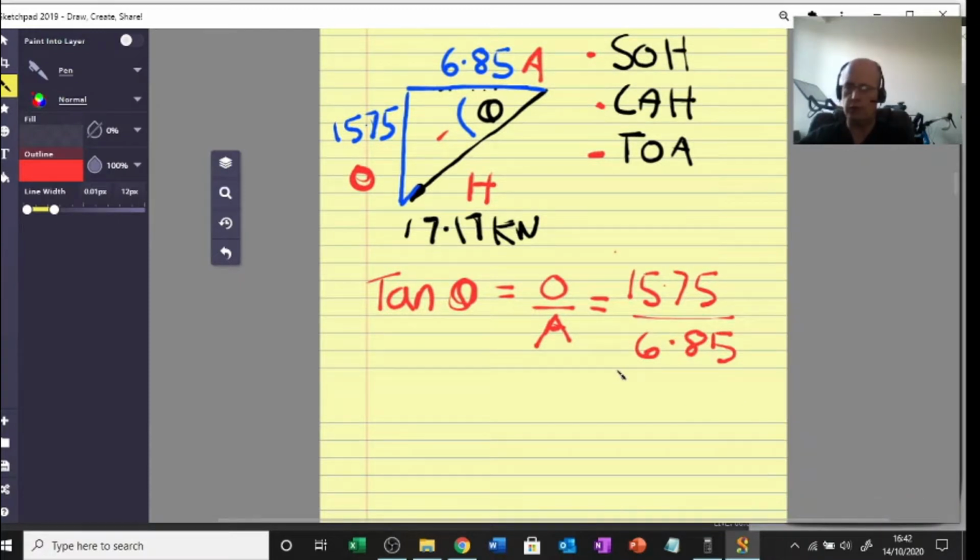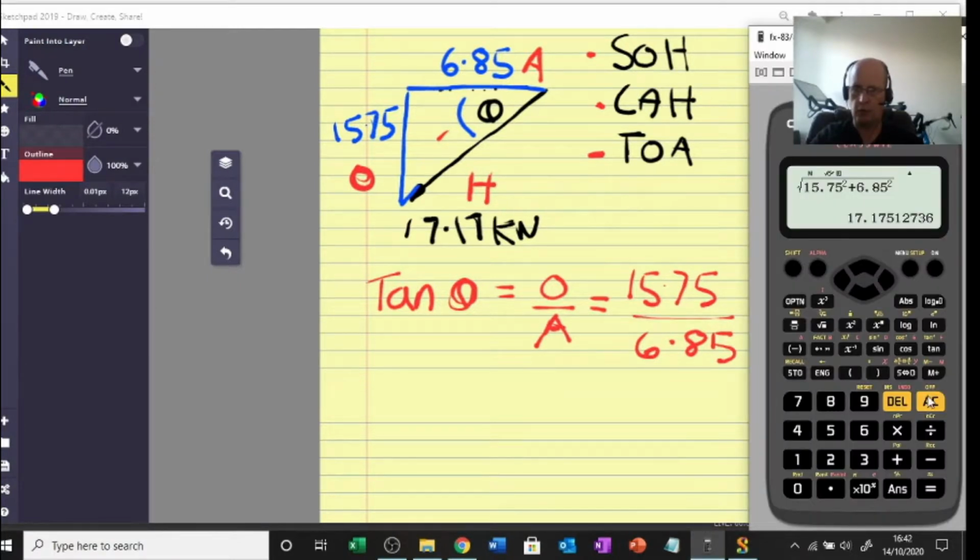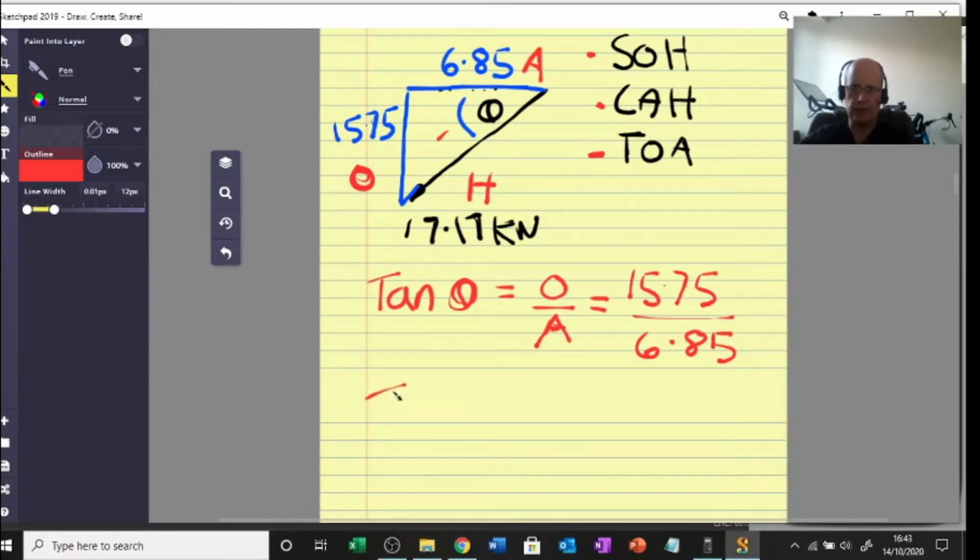Now, obviously don't just do 15.75 divided by 6.85, because that is wrong. The angle is not going to be that, because this is quite a big number coming down here and that's quite a small number, so it's not going to be 2.2. Don't forget you've got to inverse this, so you've got to go tan to the minus 1 to find the angle.